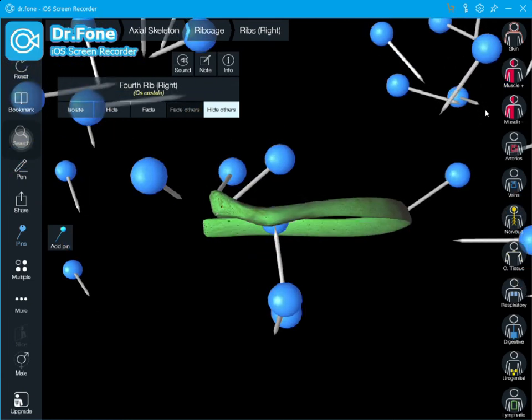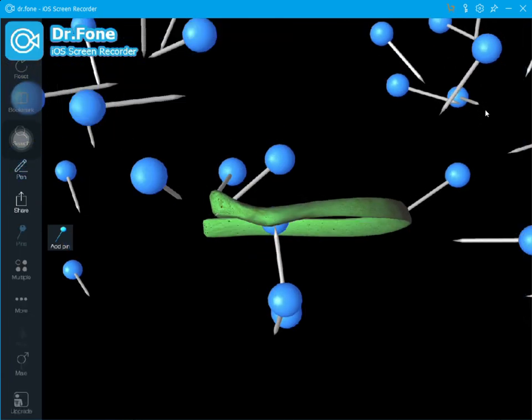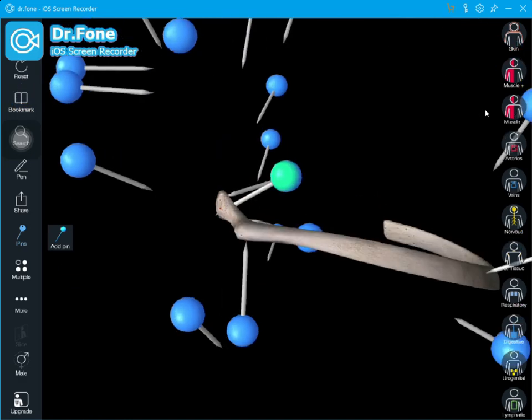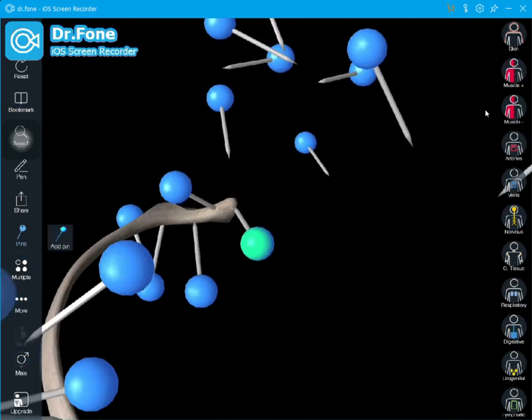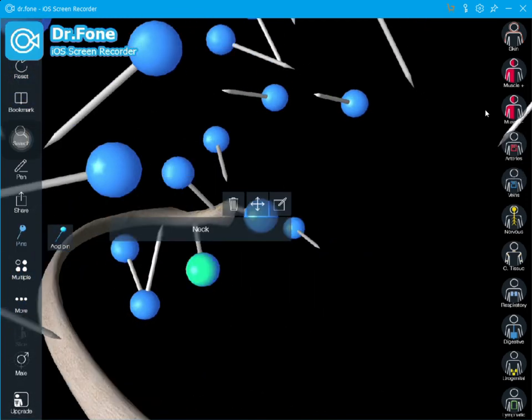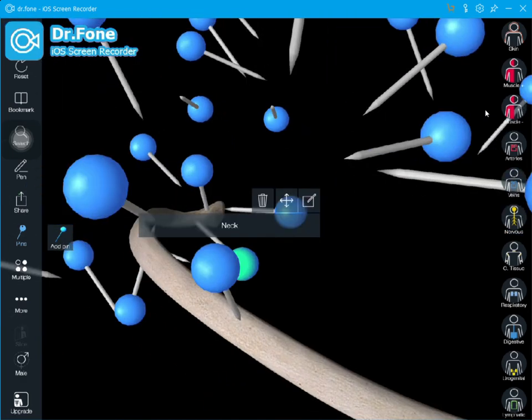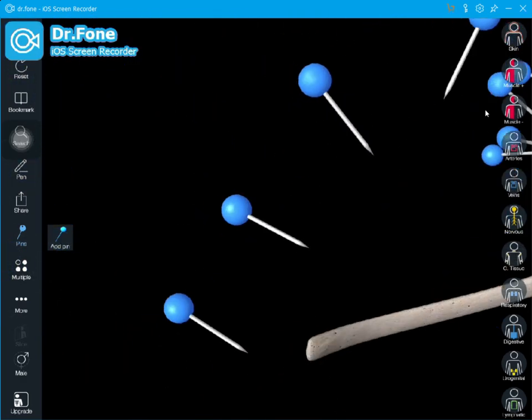As you can see, there's a bit of a bend right there. That would be the head of your rib, and that's the neck. So you have a head, neck, and body of your rib.